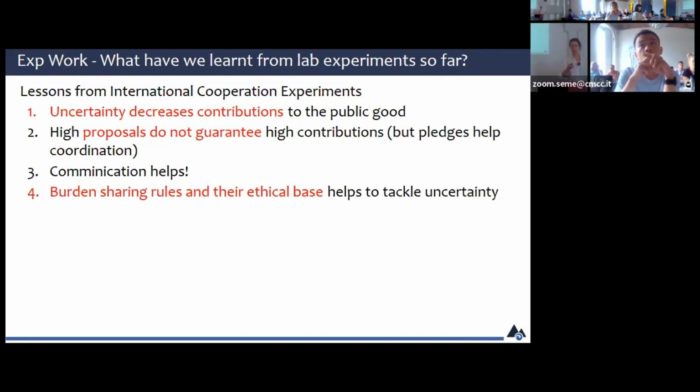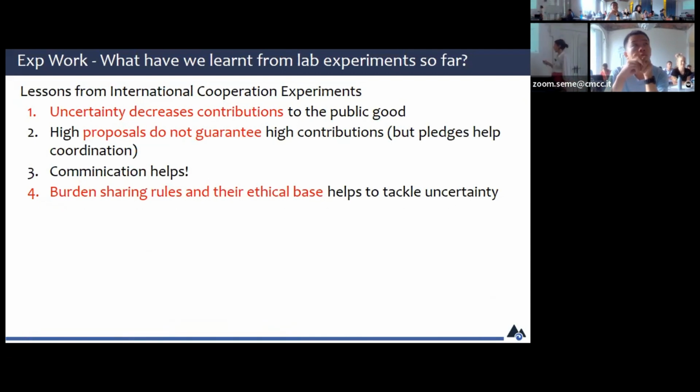Then there are a lot of problems with a high proposal not guaranteeing high contribution. So you have to have clear pledges, and I think that was heard when they started the nationally determined contributions. Communication helps. This happens in the lab, and this is known, and this is why we have rounds and rounds of BESTA and COPs, because people talking to each other cooperate more.